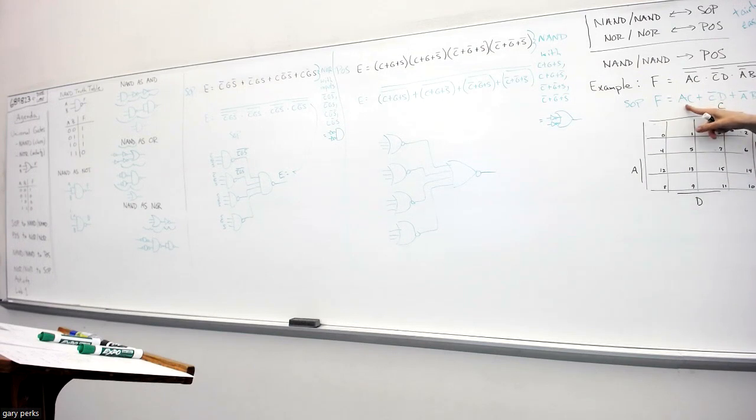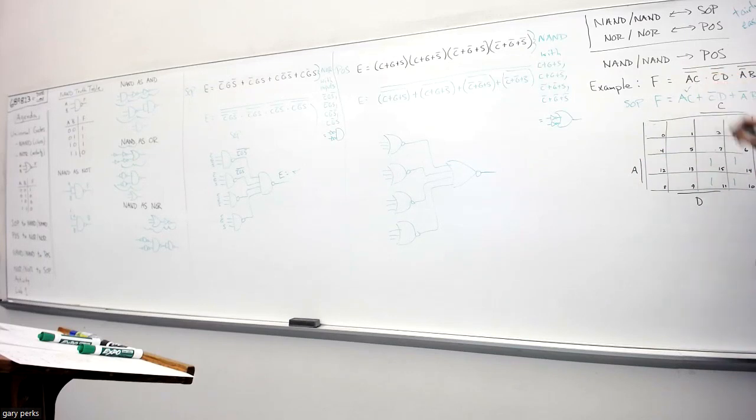So this term here, AC, how many number grouping is that? Four, right? It's going to be a grouping of 4 ones. Where is that grouping going to be? The bottom right. These 4 are all in the A rows and all in the C column. So that's that term.